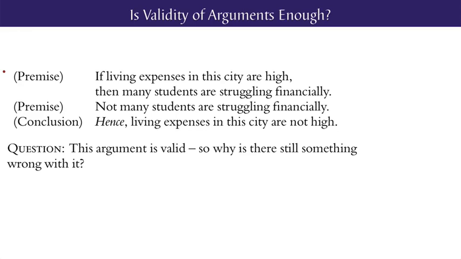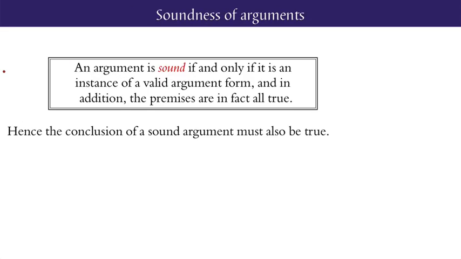This brings us to the stronger property of soundness for concrete natural language arguments. An argument is sound if and only if it is an instance of a valid argument form, and in addition, all the premises are in fact true.